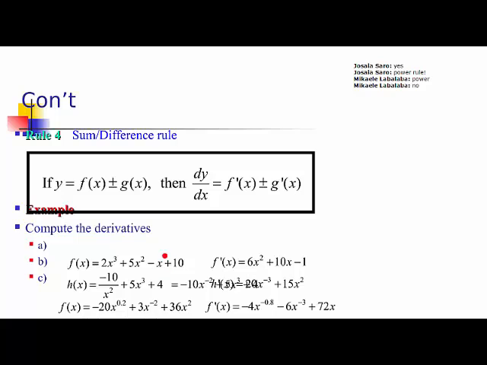And minus, when you differentiate x, you should get 1. And then this 10, it's a constant. We just saw the constant rule. If you have a constant, if you differentiate, it will become 0. So this is your answer. Do you have any difficulty in solving this type of equation?